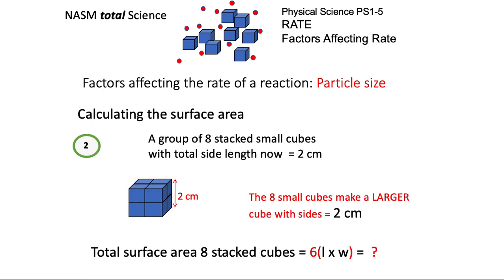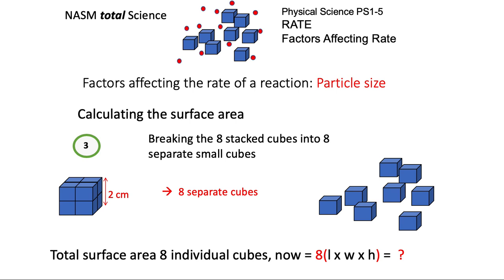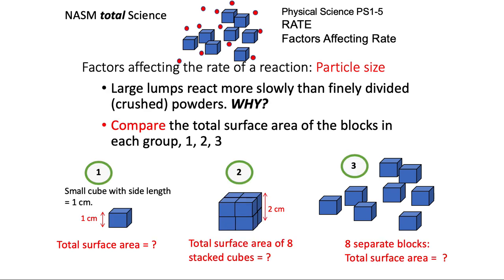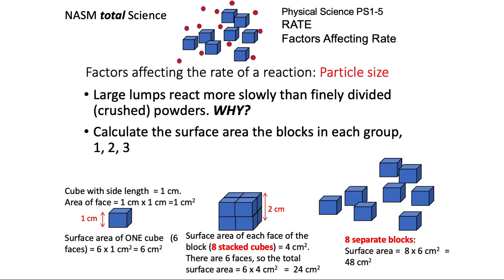We're then going to look at 8 of those 1 centimetre cubes stacked together to make a larger cube of 2 centimetre size, and then we're going to break up those 8 cubes, and we're going to look at the surface area of the 8 cubes. So what's the total surface area of each one? Pause and do a little bit of a calculation.